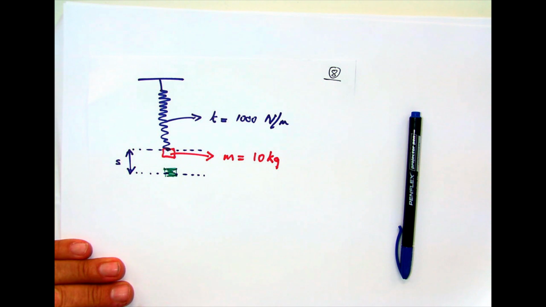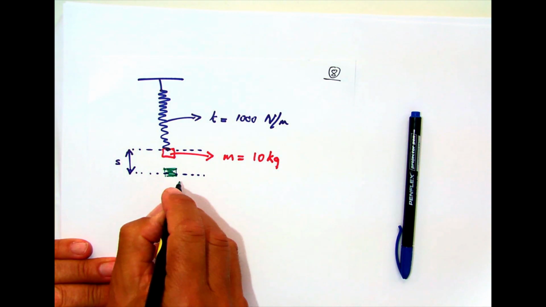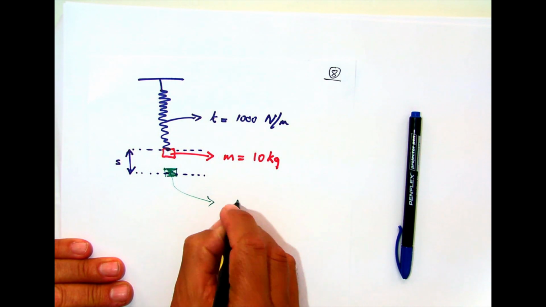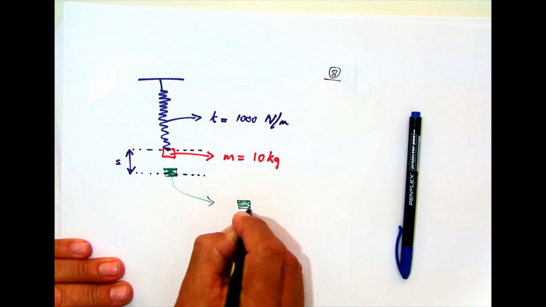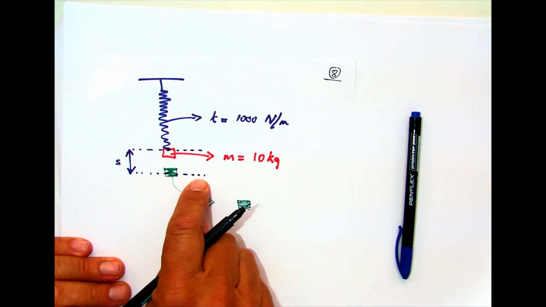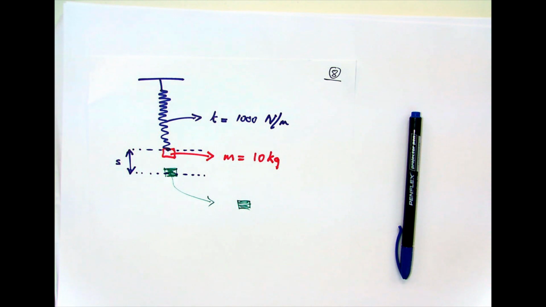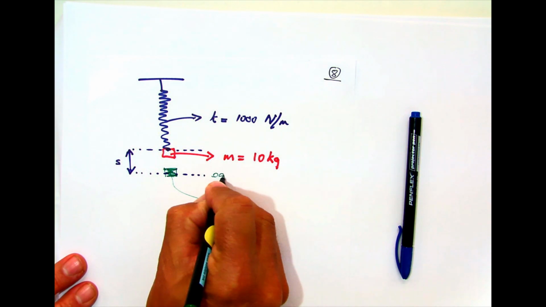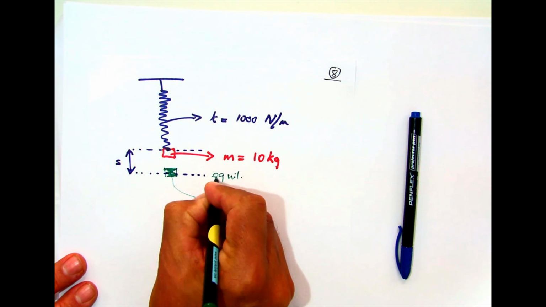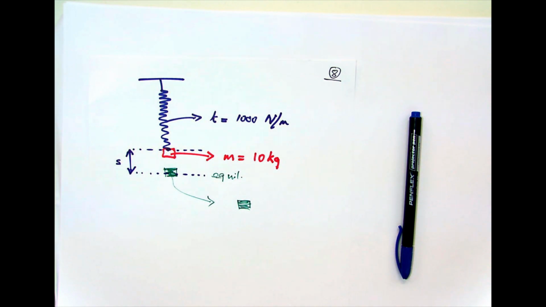So, how do you solve it? Okay, what are the forces on this one here? Remember, it's now in equilibrium. The spring is extended, it's elongated, and the whole thing now is in equilibrium.